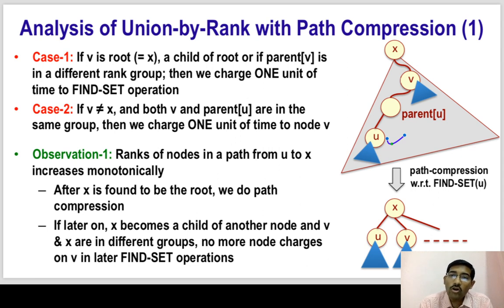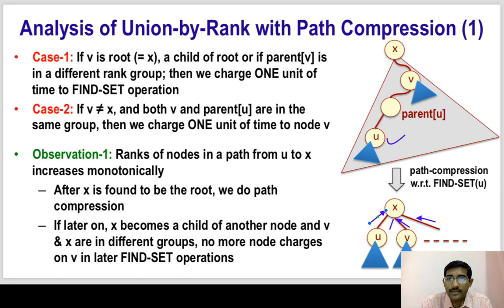All of them towards the root will be compressed and we will make a link from each of these paths, and so on. So if V is the root, a child of the root, or if the parent of V is in a different rank group, then the find of U only changes one pointer and links back to X.